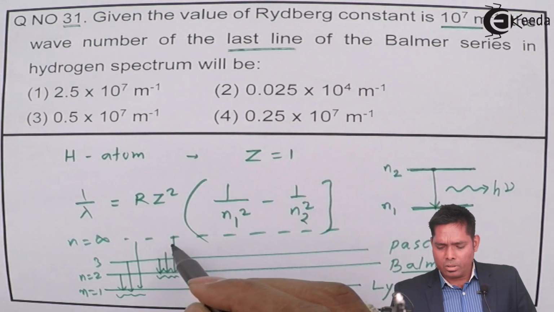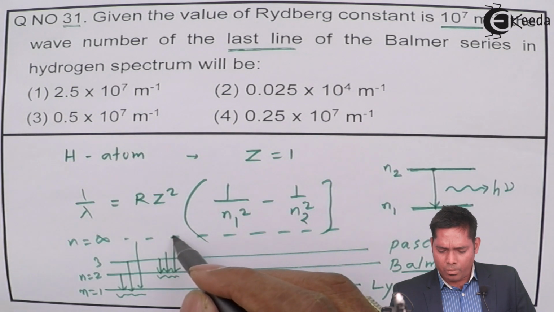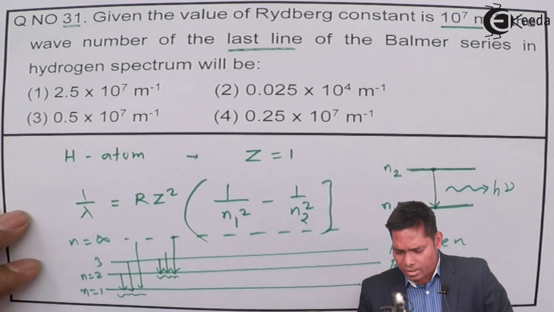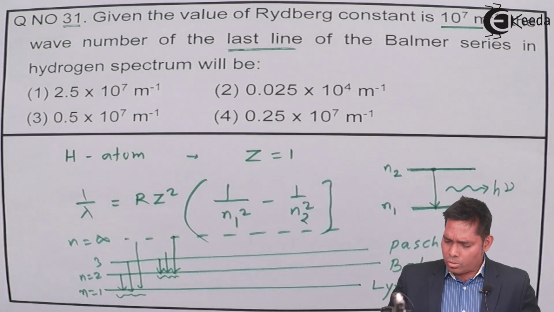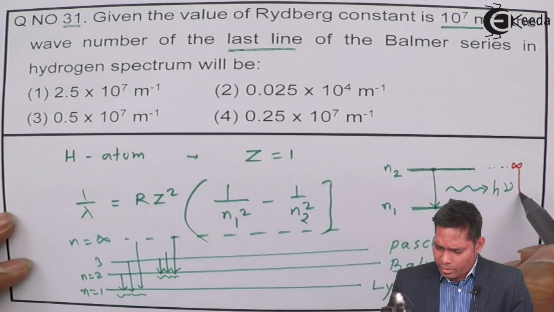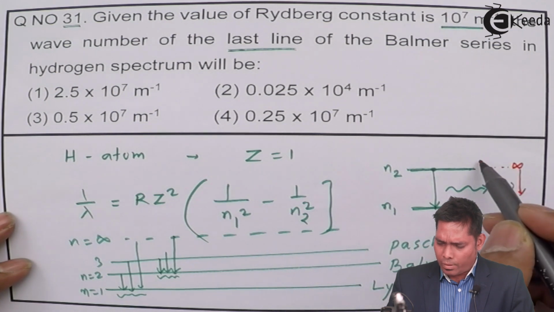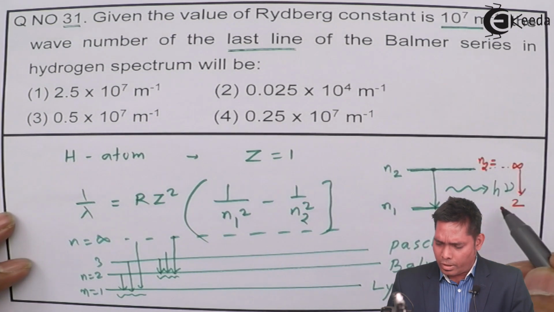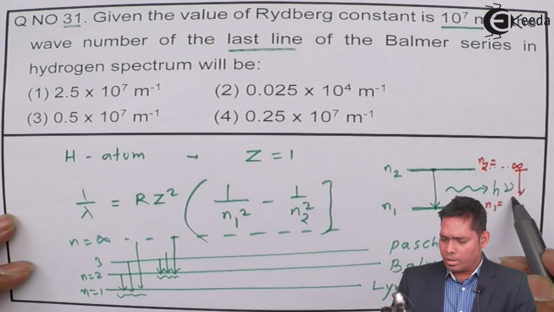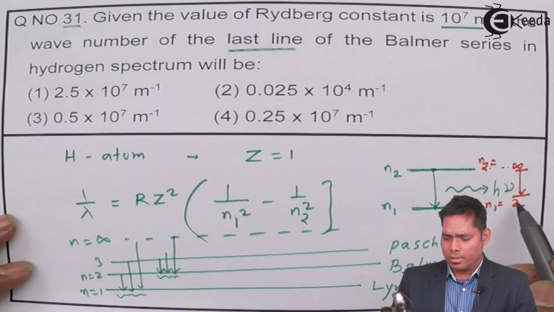The last line means the transition will be from infinity to 2. So when the transition is infinity to 2, this is infinity and the transition is to the 2. Therefore n2 equals infinity and n1 is 2, because the transition is occurring between these two states.